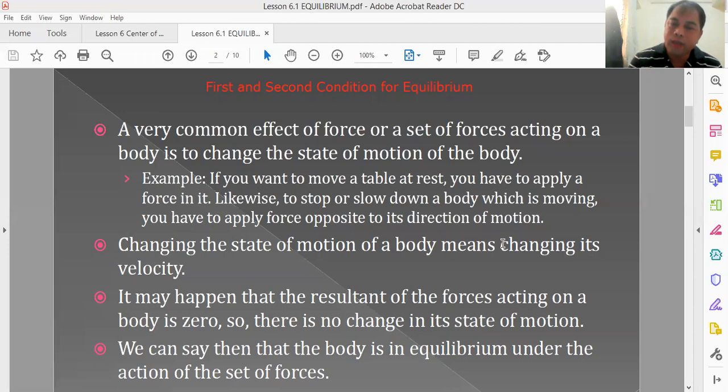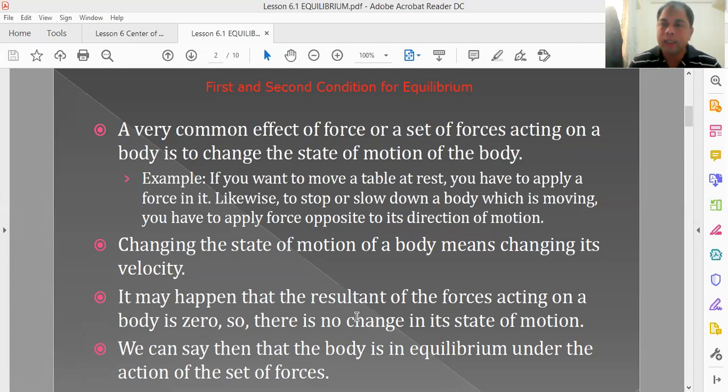But why is it that I'm still not moving vertically? Because these two forces are simply equal to each other. They add up to a total net force of zero. So when the forces acting on me, like my weight and the normal force, are equal and opposite, they add up to zero.